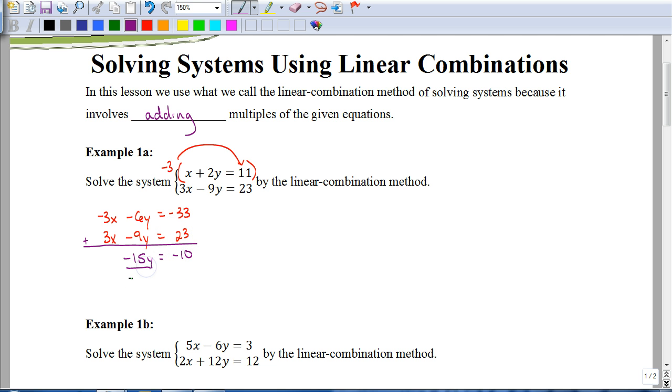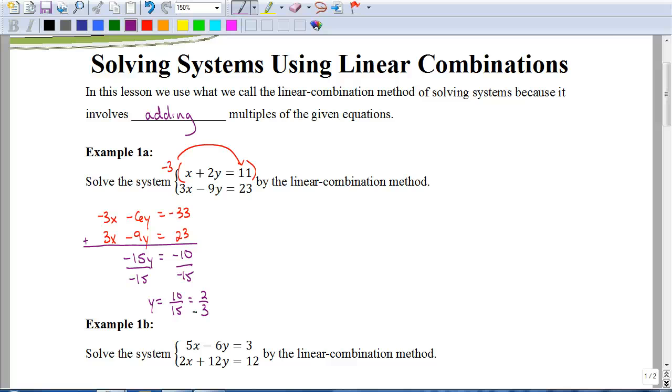When I divide both sides by -15 to get the y by itself, I get y equals 10/15, which reduces to 2/3. Remember to always reduce, otherwise you'll lose a half a point when you come to a quiz or a test. We reduce that because 5 goes into 10 2 times and 5 goes into 15 3 times.